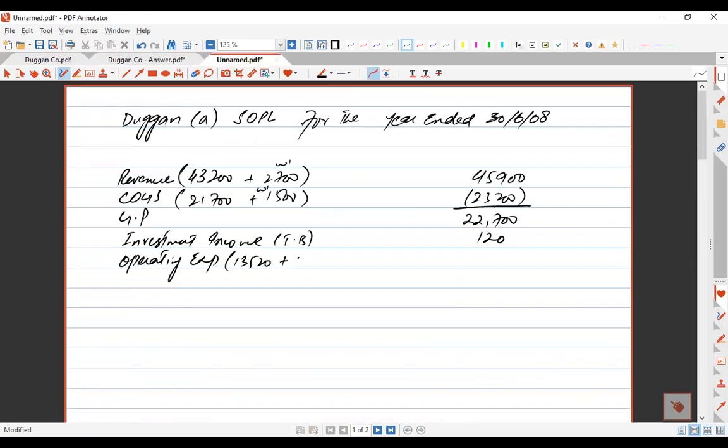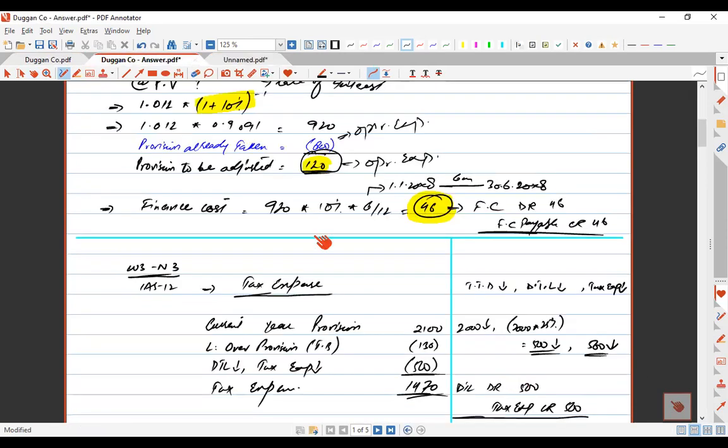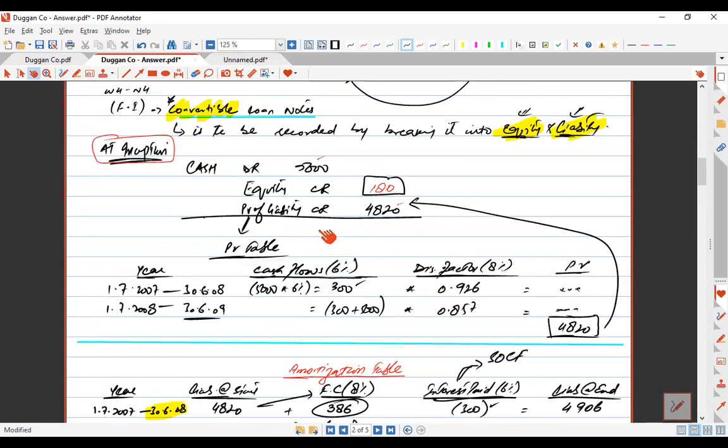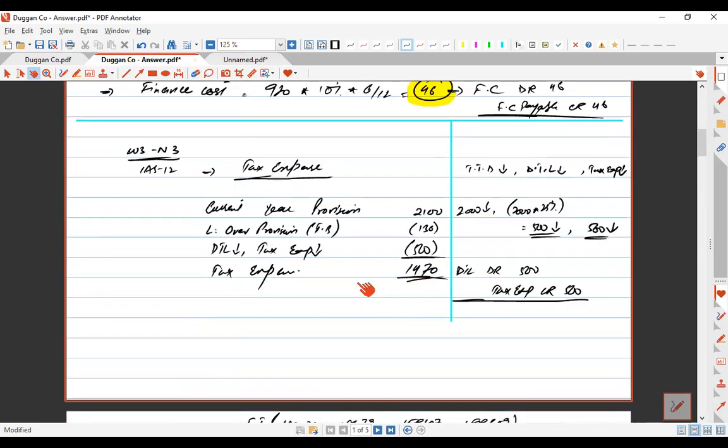So that is why I'm adding 120 from working number 2 in the operating expenses. There is nothing to adjust in the operating expenses from working 3, because the tax expense is deducted separately.